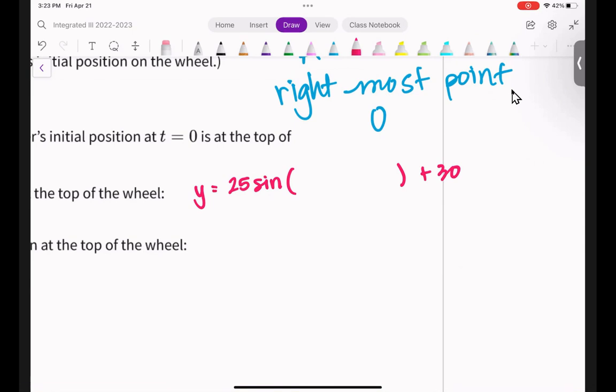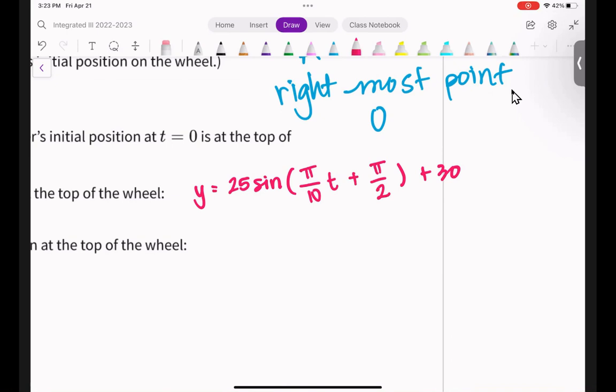The center of the wheel doesn't change. The only thing that changed is your start position. Our start position before was pi over 10 times t, right? But now we don't have him starting at the rightmost point. We have him starting at the topmost point. So now I need to add pi over 2 to that.